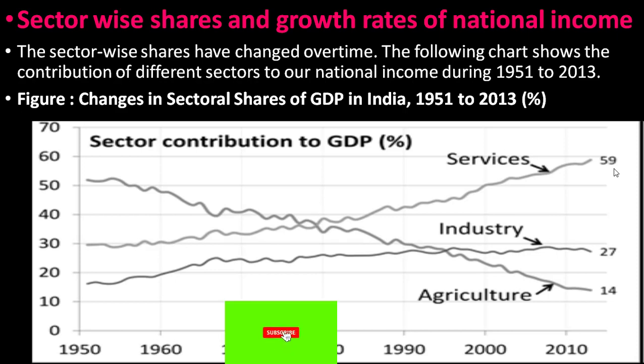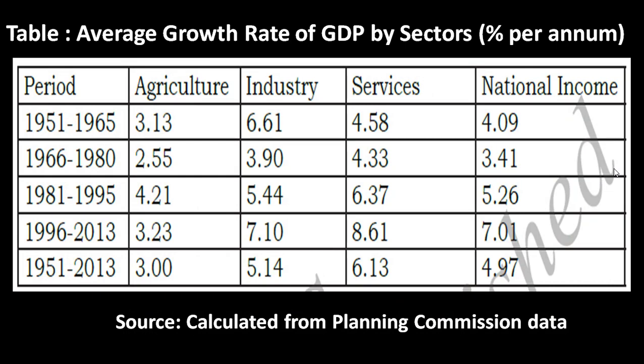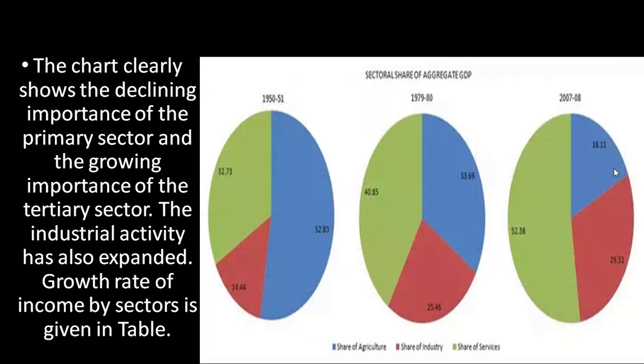The chart clearly shows the declining importance of the primary sector and growing importance of the tertiary sector. The industrial activity has also expanded.